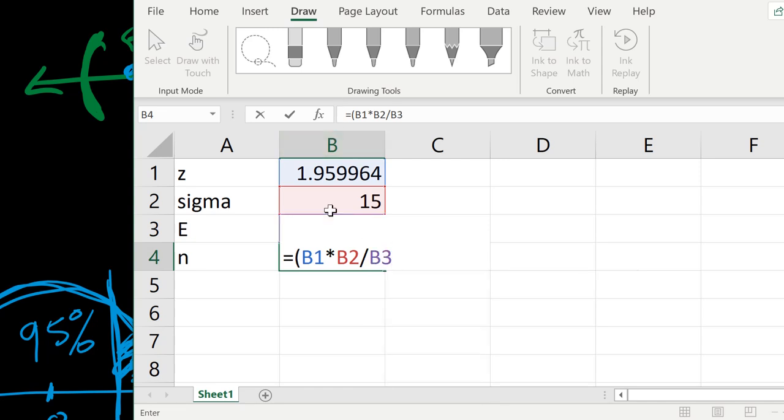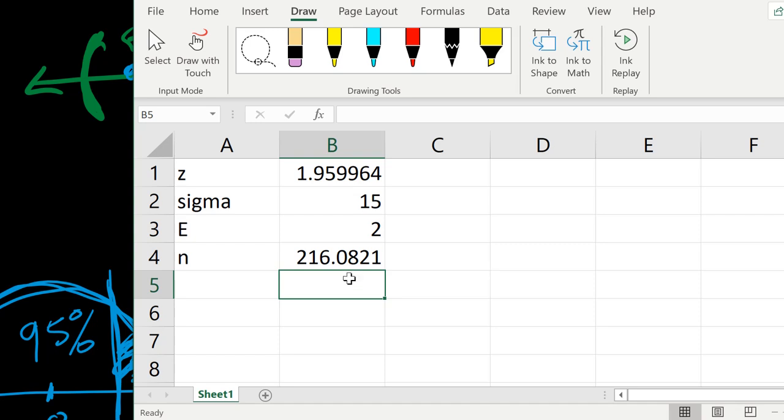You see that's where it is. It's at B3. Okay, close parentheses, do a little caret, and then type 2. All right, so Z times sigma divided by E squared. Press enter, and there we go, 216.